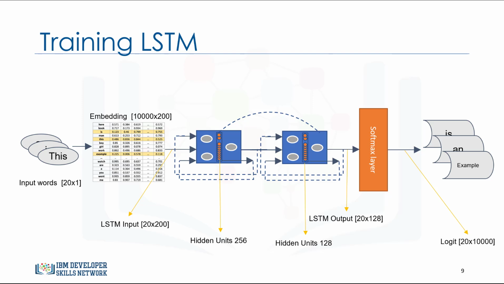This means that the output of the network at each time step is a probability vector of length 10,000. So, the output word is the one with maximum probability value in the vector. Now, we can compare the sequence of 20 output words with the ground truth words. And finally, calculate the discrepancy as a quantitative value, so-called loss value, and backpropagate the errors into the network.